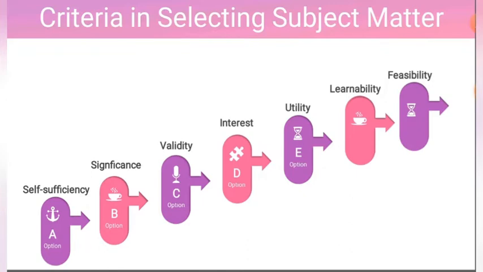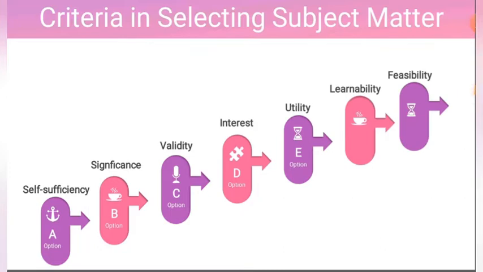We can say it is significant when content or subject matter will contribute to basic ideas, concepts, principles, and generalizations to achieve the overall aim of the curriculum. The third criteria is validity. It is the authenticity of the subject matter selected.